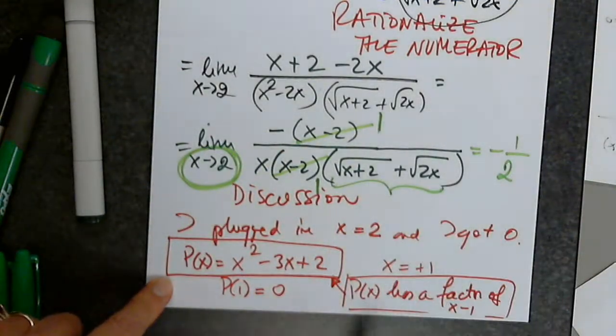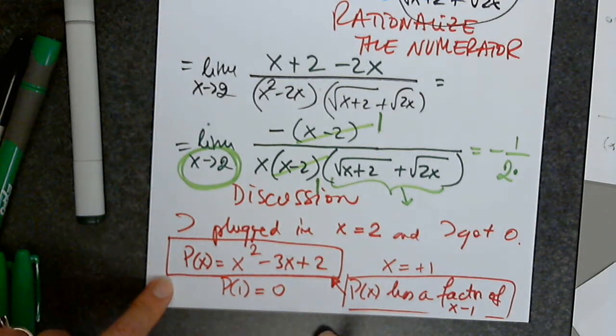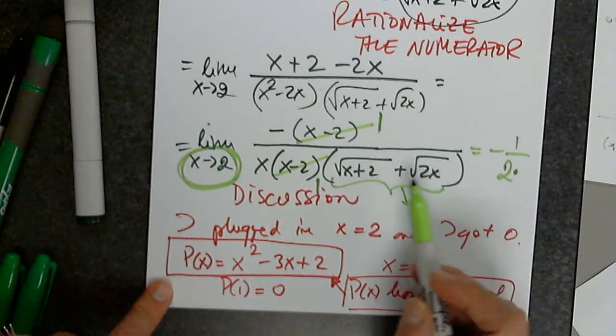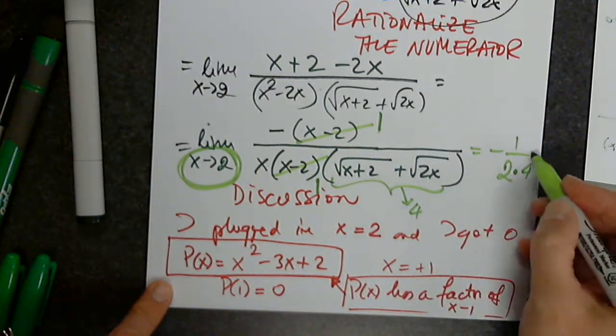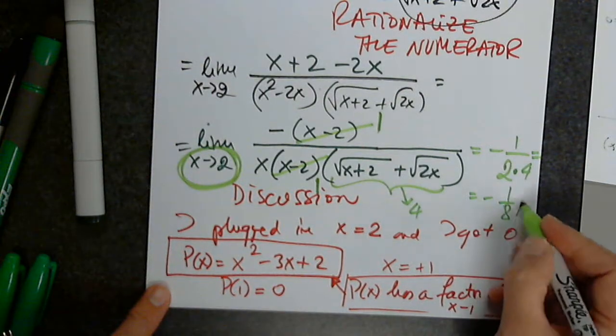And where does this go as x approaches 2? 2. How do we guess 2? Right. 2 plus 2 is 4. The square root of 4 is 2. So what is the limit then? -1 over 8.